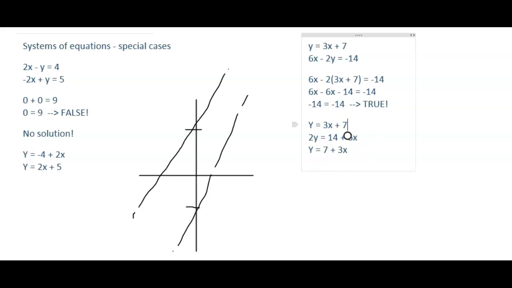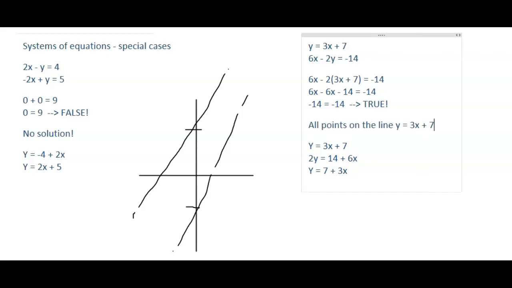There's the first equation. They're the same. These are really two equations for the same line, which means every point on that line is also a point on the other line since they're the same, which means all points on that line are solutions to that system of equations. So all points on the line y equals 3x plus 7 are solutions to this system of equations. There are infinitely many of those.